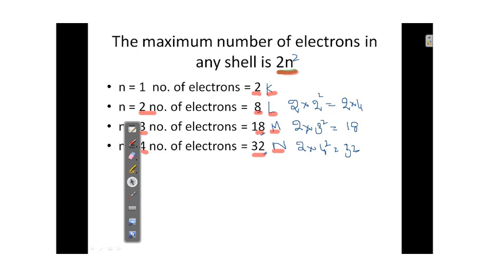Now coming to the shells. Shells have subshells and subshells have orbitals. Up to now we have seen the different shells: K, L, M and N. These are the main shells.